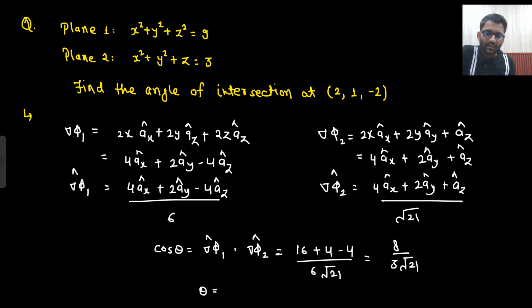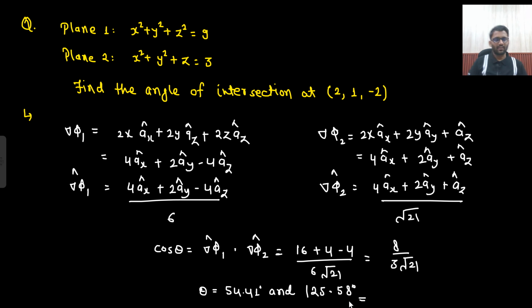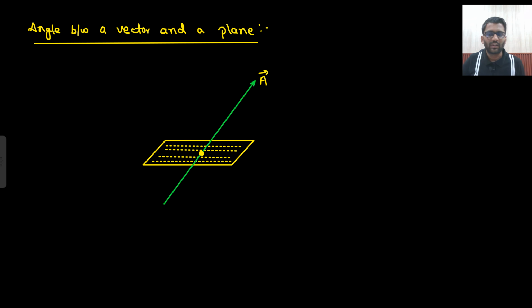The other answer could be 180 minus this value, that would be 125.58 degree. So these are the two possible answers. Well and good. Let's move to the next question.